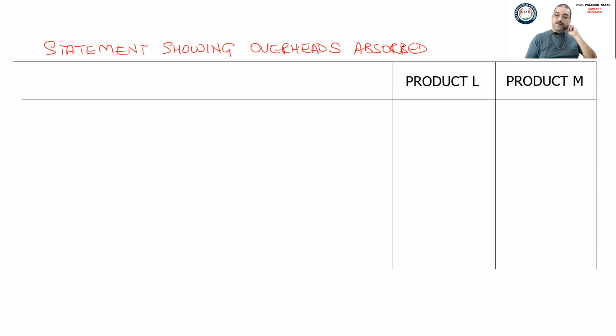Particulars and 2 columns, product L, product M. Ready? Starting with first machine cost.